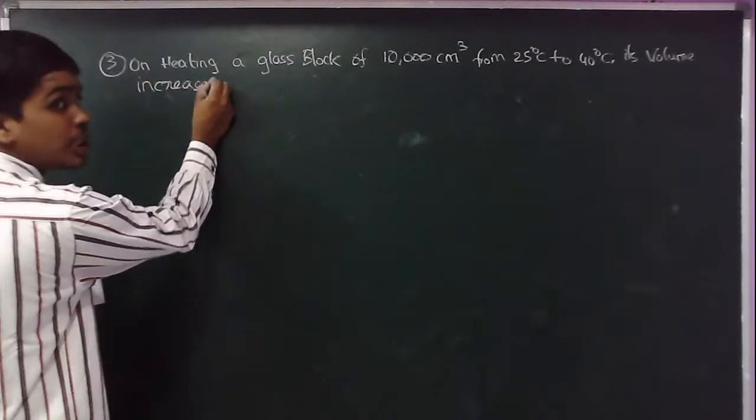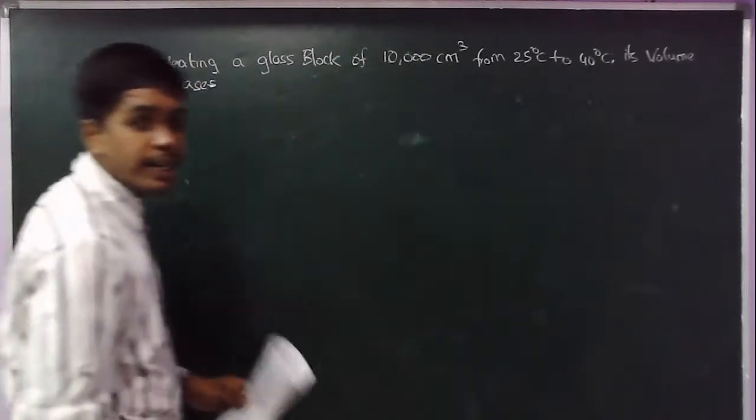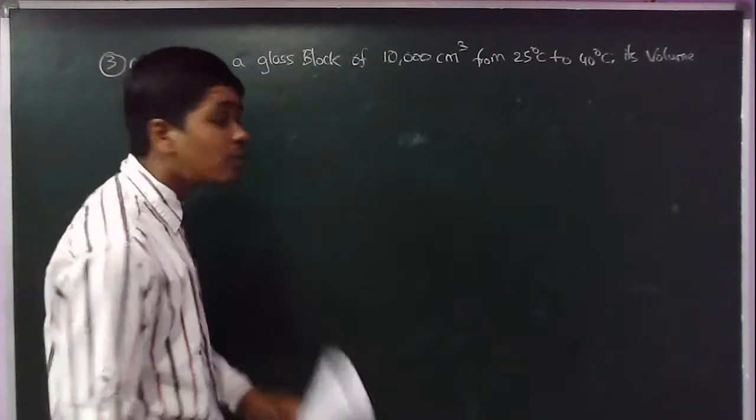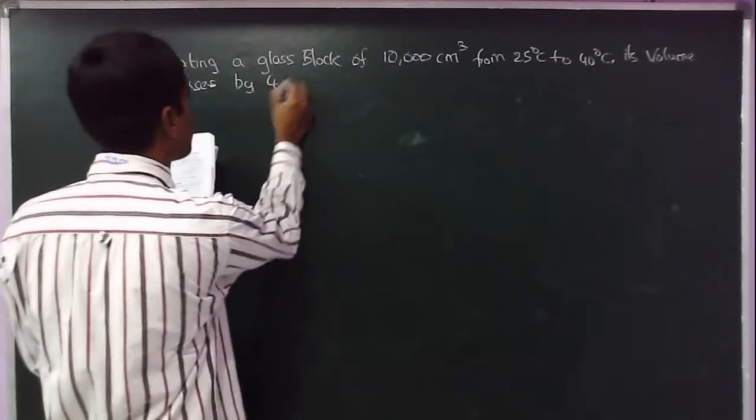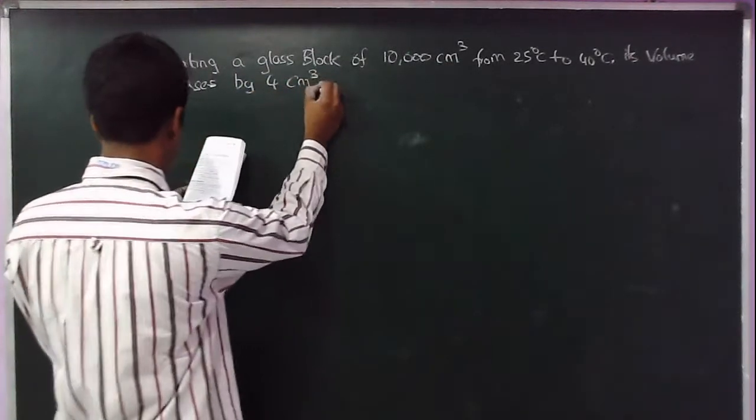So the change in volume is 4. So you can directly write delta V is equal to 4 centimeter cubed.